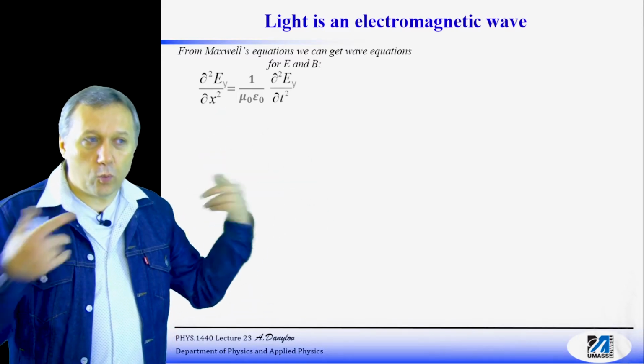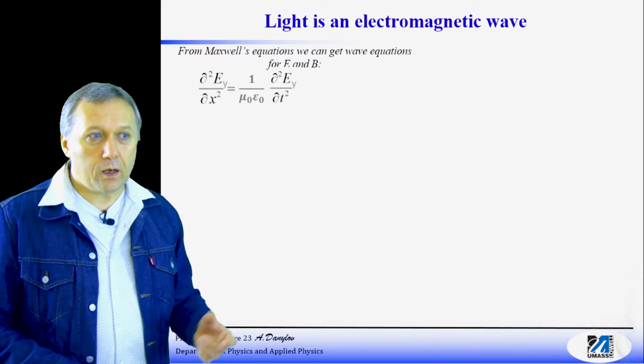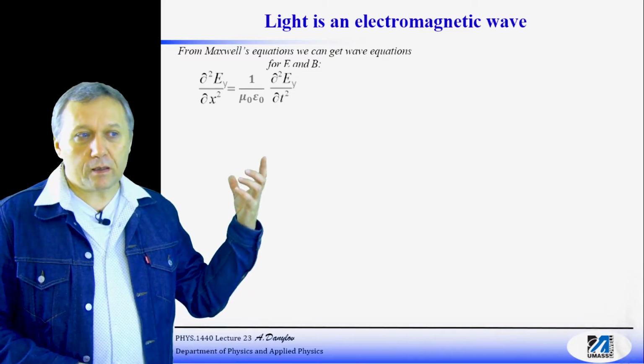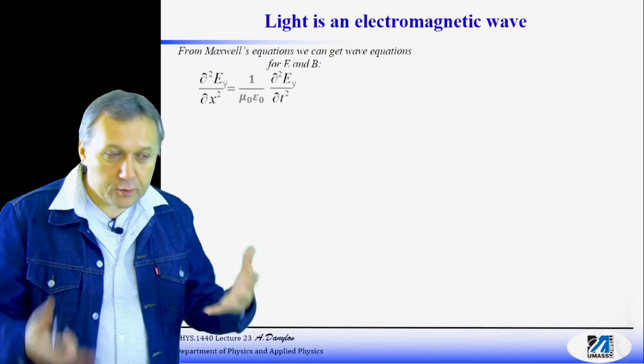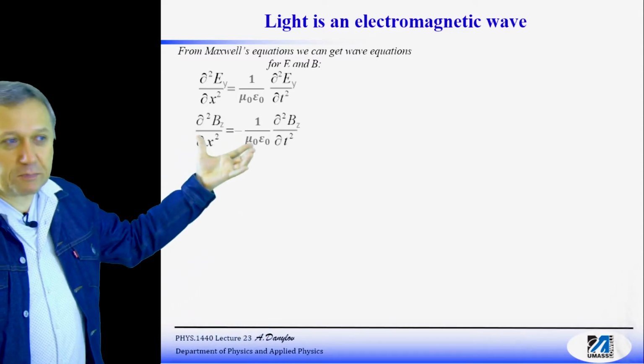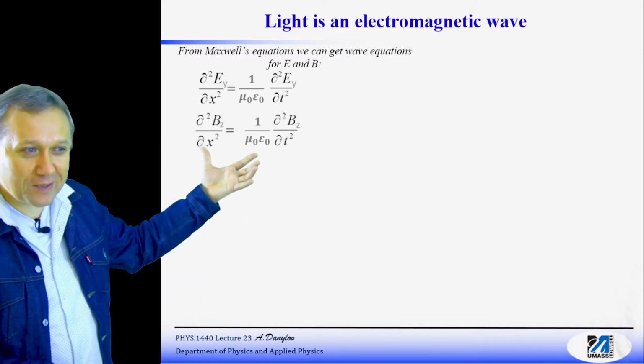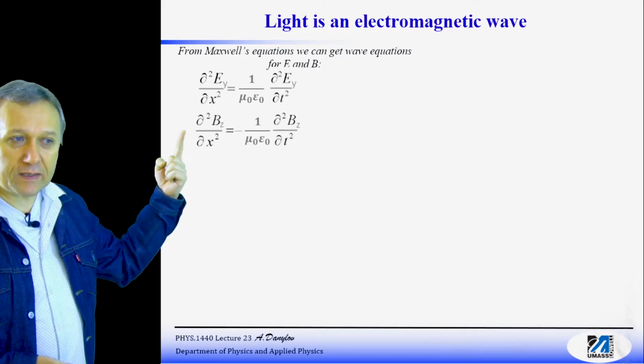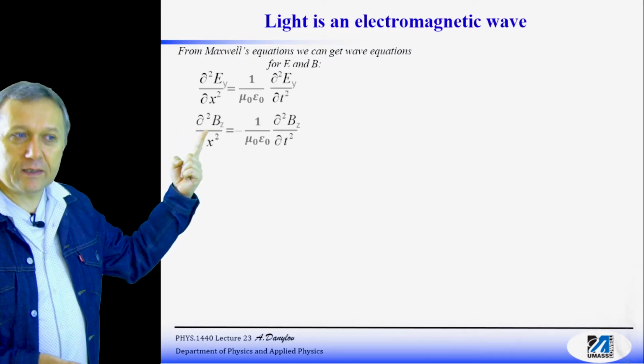Wow. Moreover, he of course combined the two equations for the magnetic field, and he ended up with, surprise, surprise, a similar equation for the magnetic field. Again a second order partial differential equation, but now the magnetic field oscillates in the z direction.